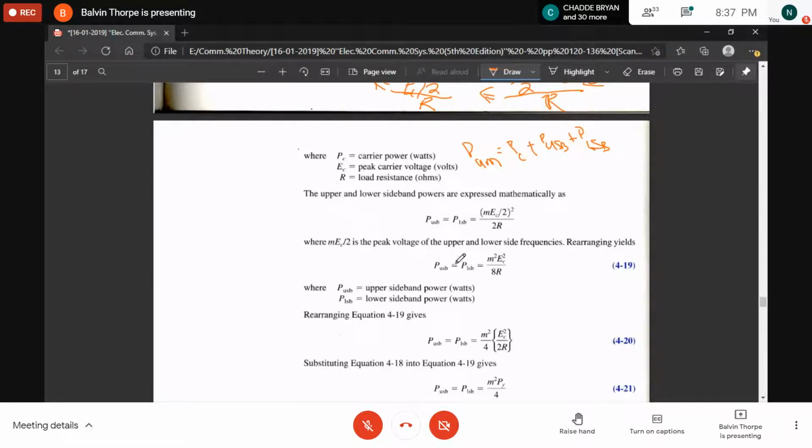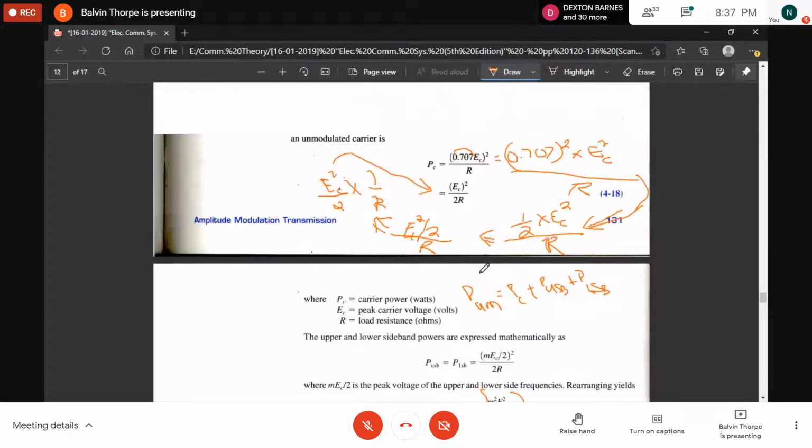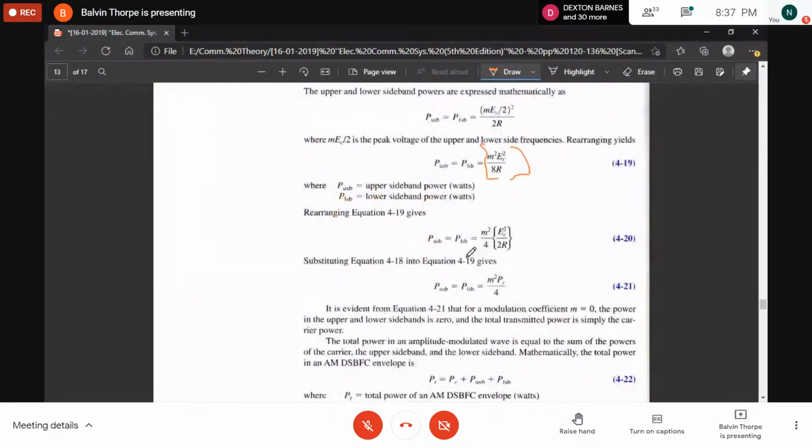So we know the power now in the upper sideband is going to equal the power in the lower sideband, which is what we just calculated and got this. Agree? That's what we just got from our calculation. So now we have the three pieces of power that we need.